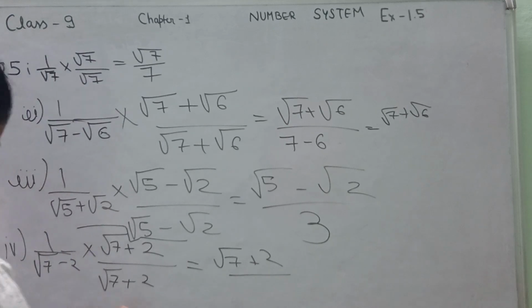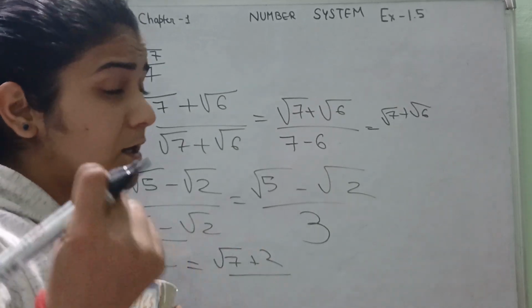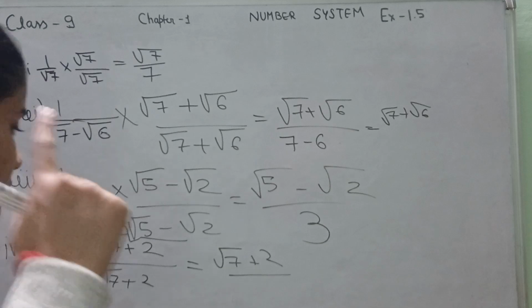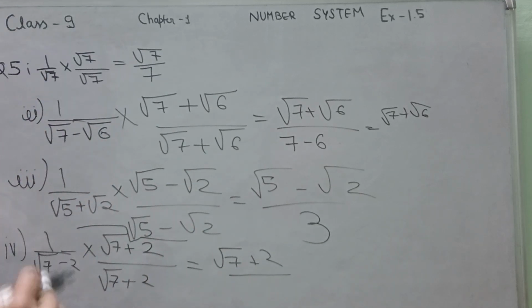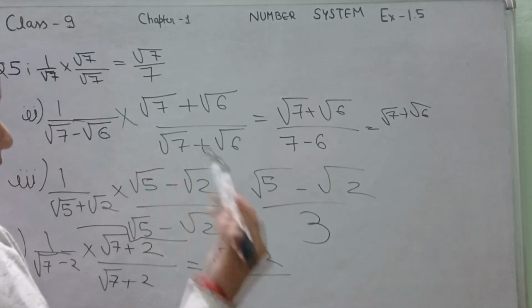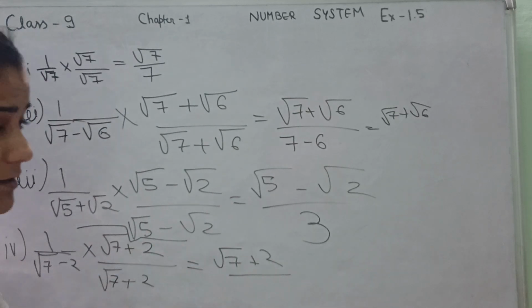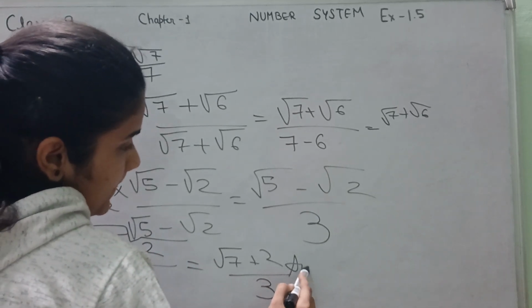Now we need to multiply this by this. This is a similar case of a plus b, a minus b, but you need to stay a little conscious while dealing with this, because in the earlier one we had roots in both the numbers, but in this we have root on a single number. So we can apply that, but be conscious, so that you don't make mistakes. So a plus b, a minus b: a square 7 minus b square 4. 7 minus 4, 3. So this is your answer.